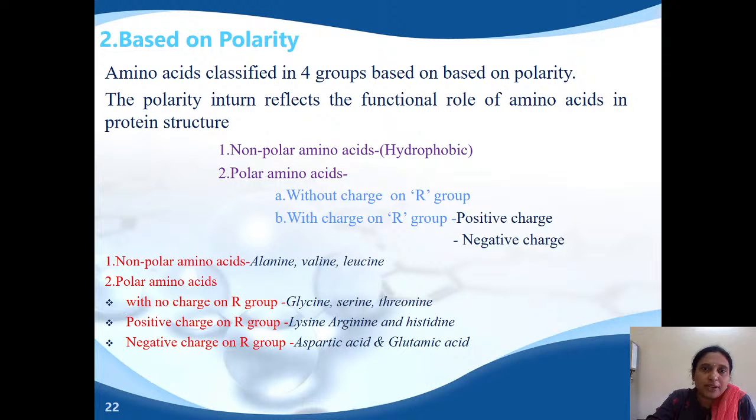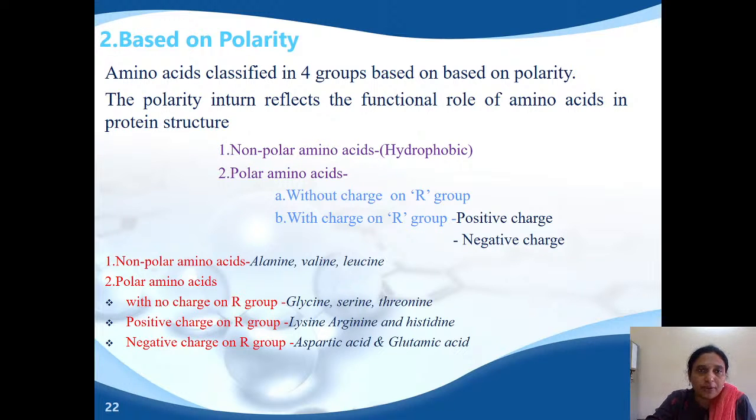Now the second classification is based on solubility. These amino acids are of two types, polar and non-polar. Polar amino acids are hydrophilic and readily interact with water, and non-polar amino acids are hydrophobic and interact poorly with water. Non-polar amino acids are alanine, valine and leucine.